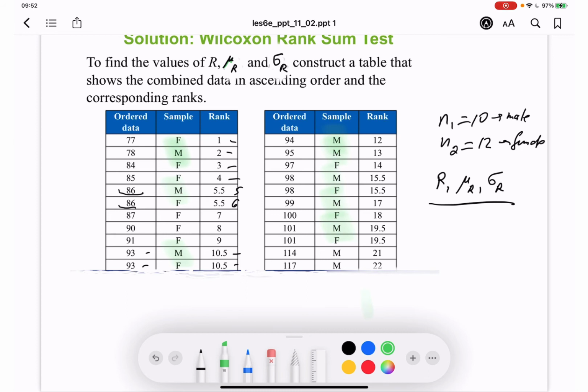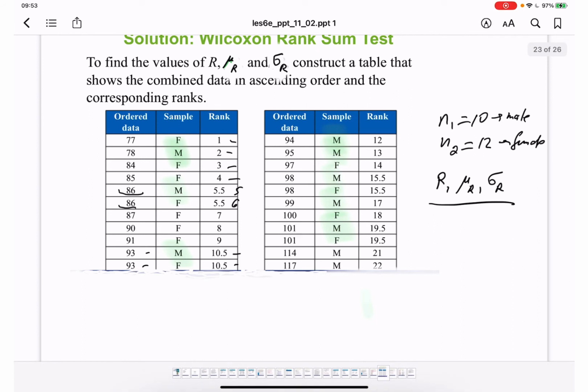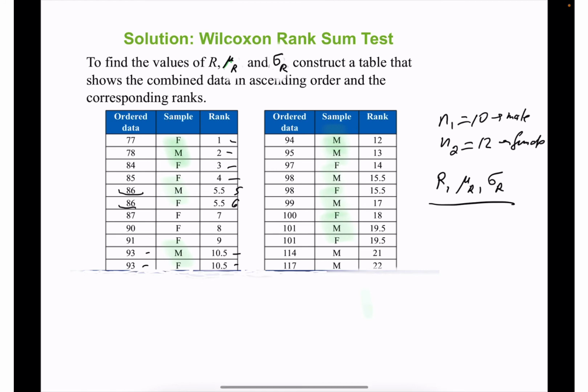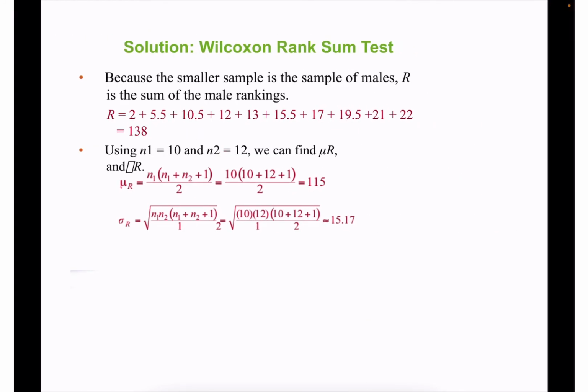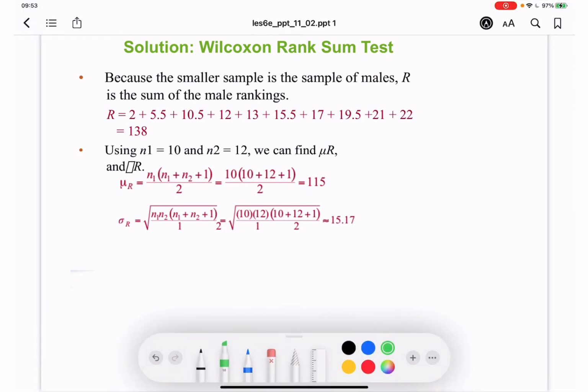Oops, it's highlighting a female. So all males you choose and add up their ranks. This here is 2, and then 5.5 and 5.5, and so on. You add all the ranks, 2 plus 5.5, 10.5, and so on, and as a result R is equal to 138.